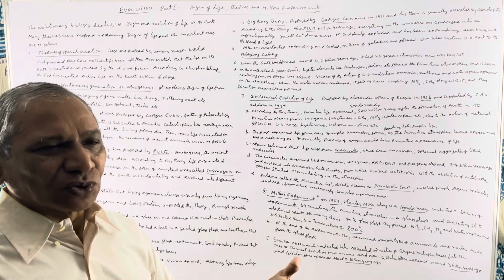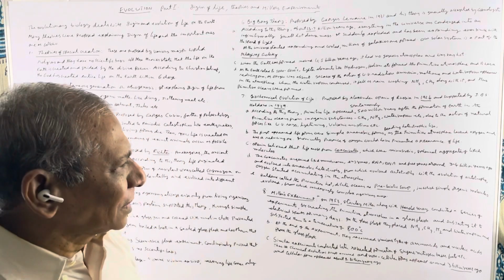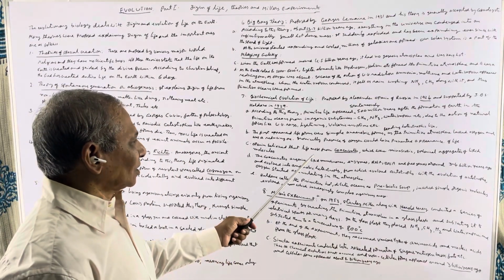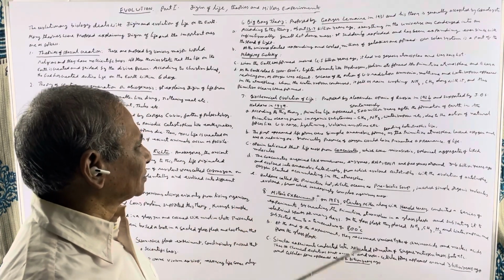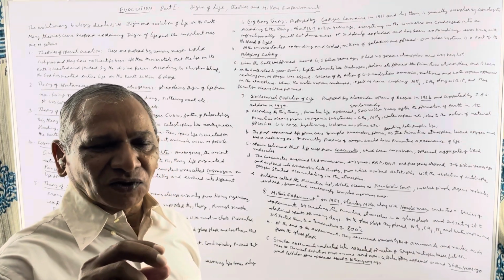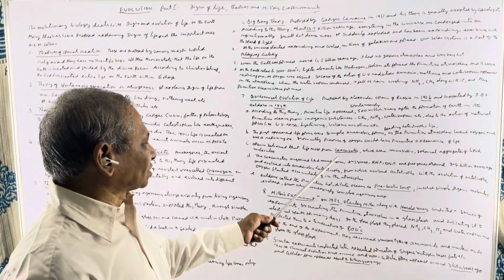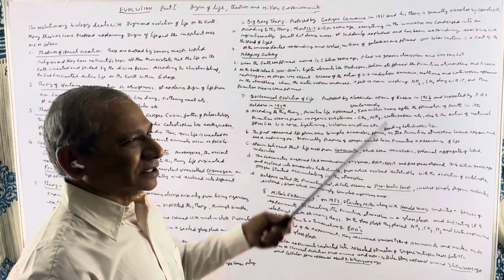Then, in this primitive oceanic water, what happened? Some aggregates of lipid molecules formed. Lipid molecules got together and they formed aggregations. These aggregations were called coacervates by Oparin.